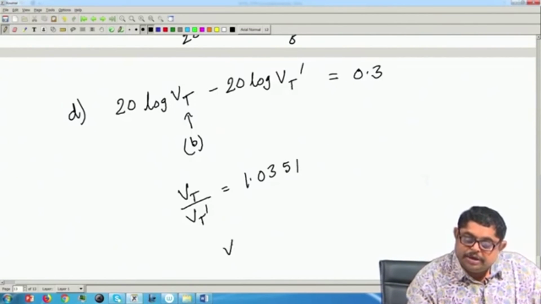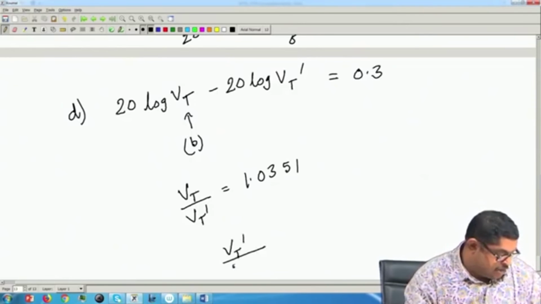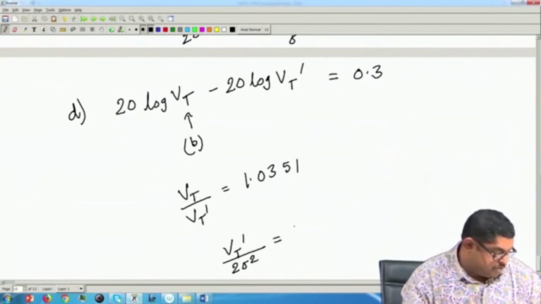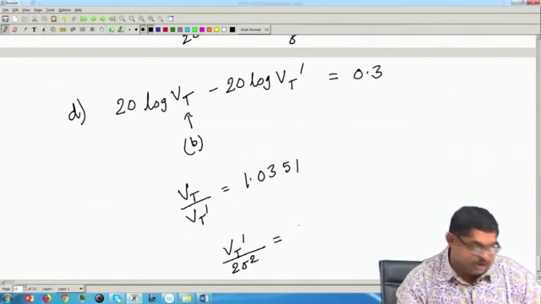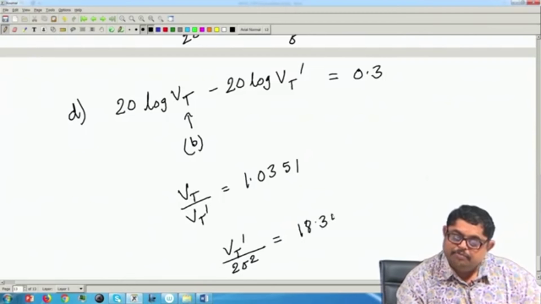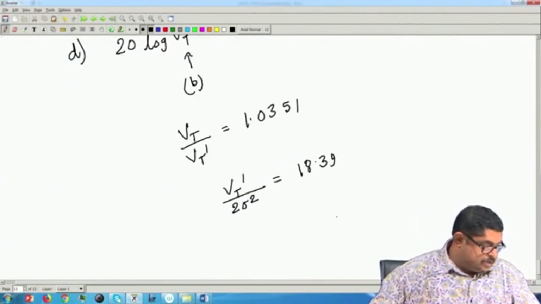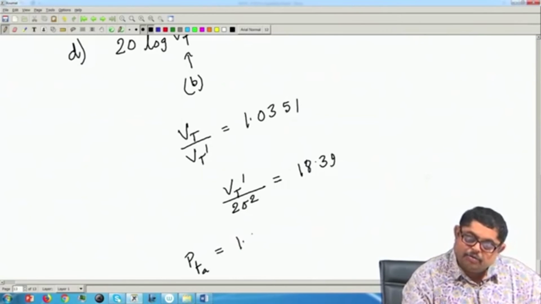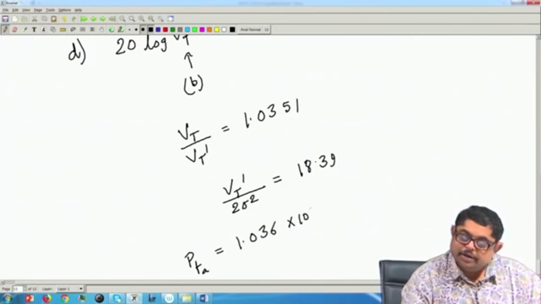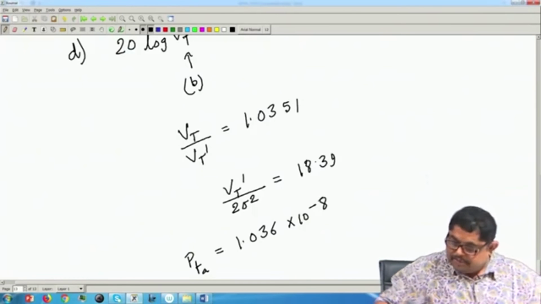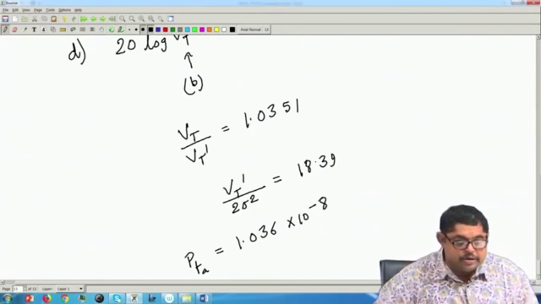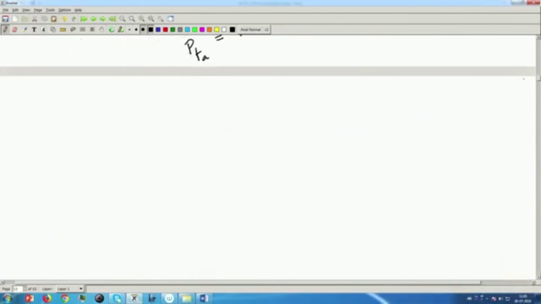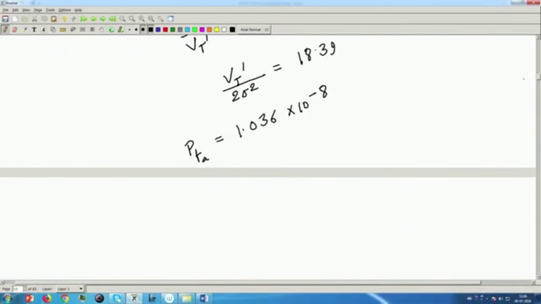So, Vt dashed square by 2 sigma square, assuming that sigma is the same in both cases, will come as 18.39. And the moment you get Vt dashed square by 2 sigma square, you can get PFA as 1.036 into 10 to the power minus 8. But more meaningful is, since we got PFA, from here we can easily find TFA.